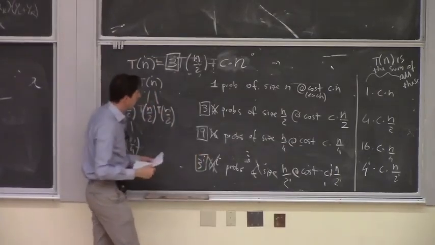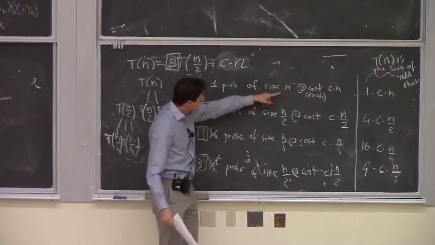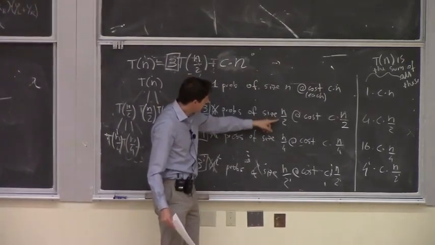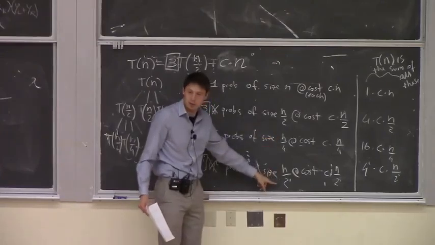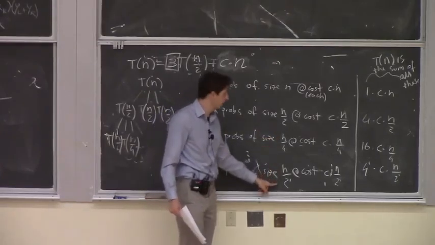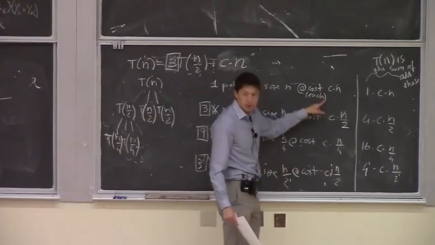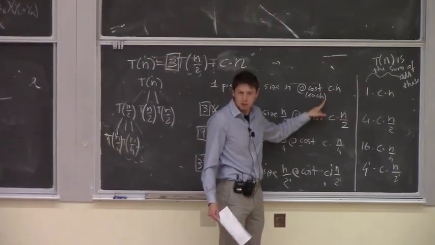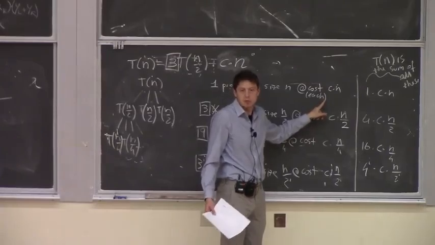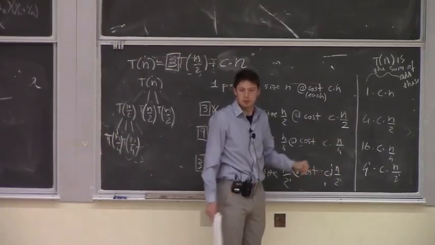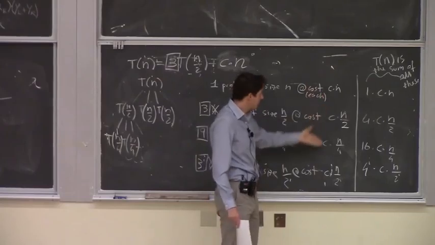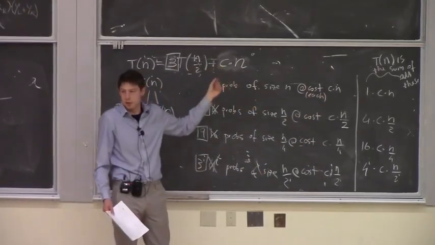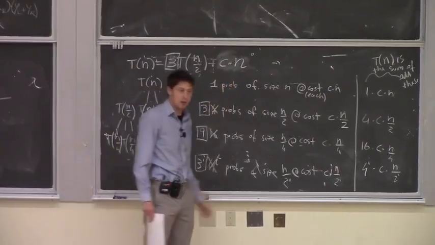Okay, so far so good. Now, the problem size, does it continue to go from n over 2, n over 4, and so on and so forth, like before? Yes. What about the costs? They're the same, right? We're doing the same work per problem, just we have fewer problems. The tree shrunk a bit, but the cost is the same. Maybe the constant C is different, but C is just a symbol for us to keep track of what's happening.